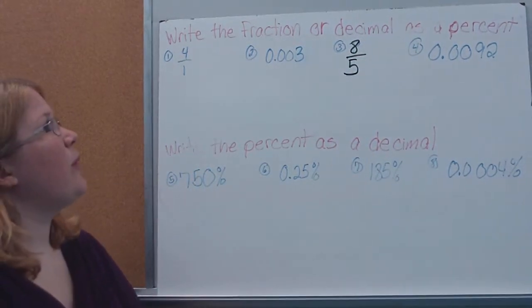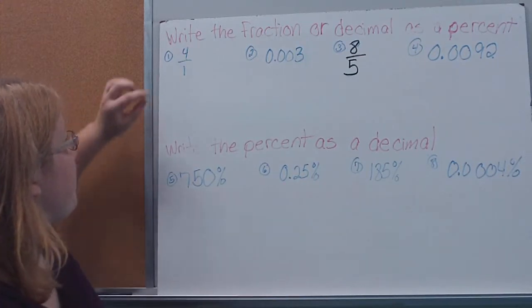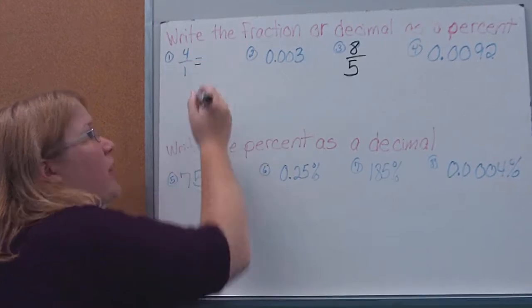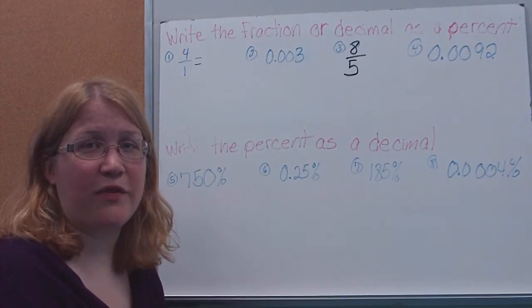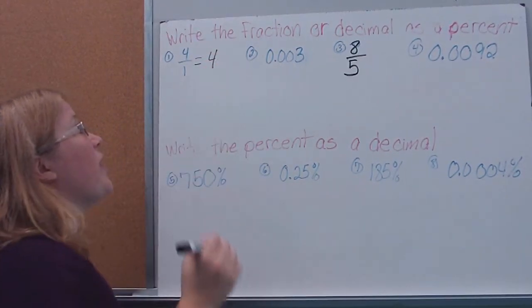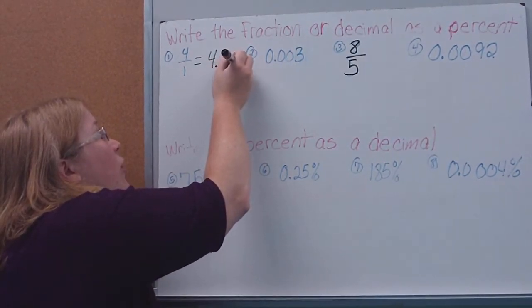All right. So here we're going to write our fraction or our decimal as a percentage. So what you'll notice here, I have 4 over 1. Rather than converting that into the equivalent fraction, I'm simply going to rewrite it as a decimal, or in this case, it's a whole number, 4, and it would be 4.0 if you want to be specific.